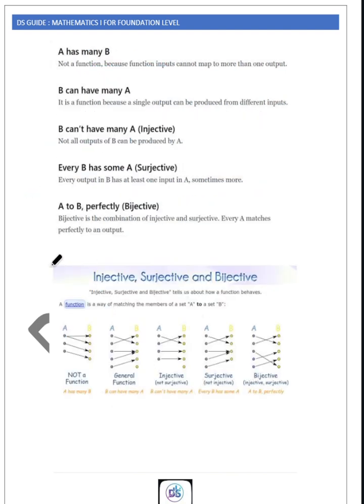Now how do you find whether a given relation is a function or not? If my a is connected to many b's, meaning one input is giving many outputs, it is clearly not a function. But if b has many a's, meaning I am getting one output from many inputs, it is a function.